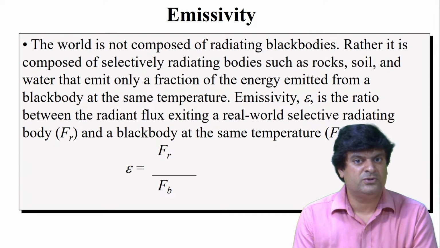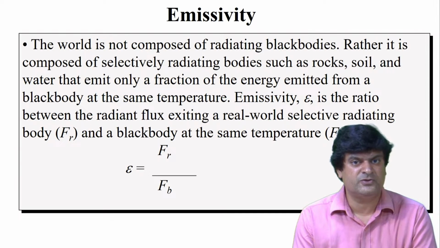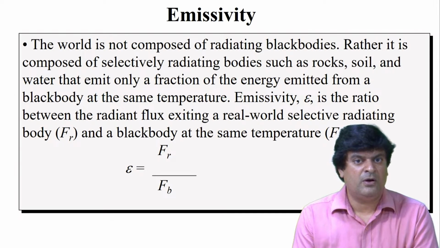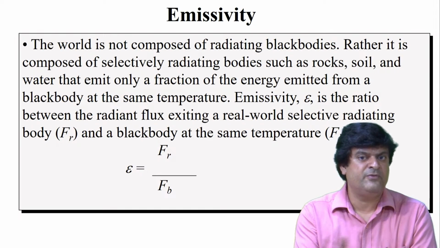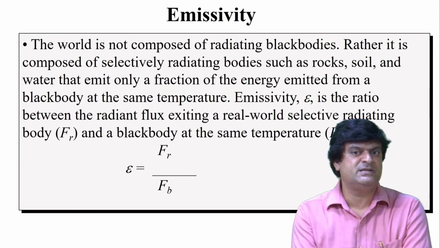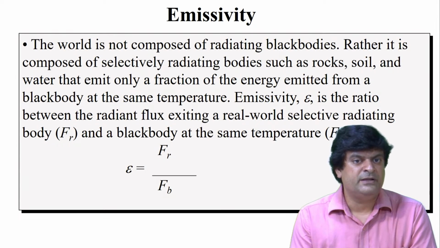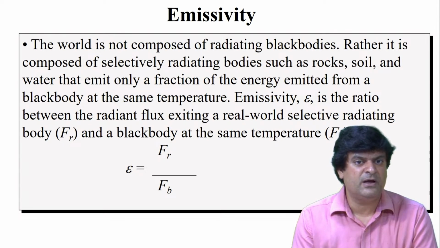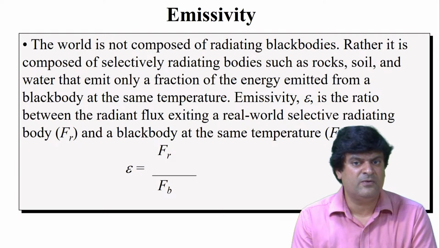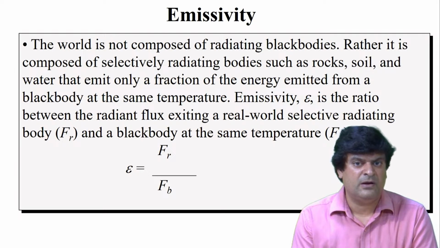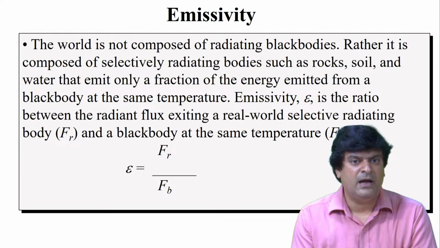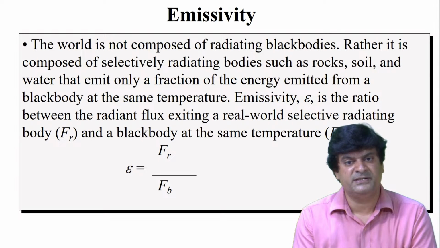So now we should know something about emissivity also. For a black body, emissivity is 1. Emissivity is basically a ratio, the ratio between the radiant flux exiting a real-world selective radiating body and a black body at the same temperature.